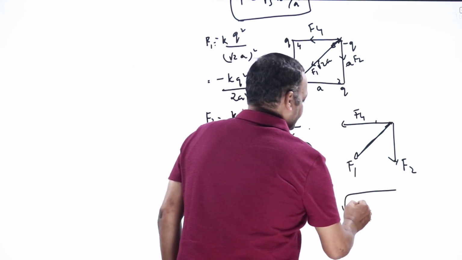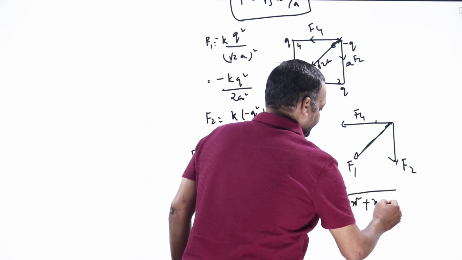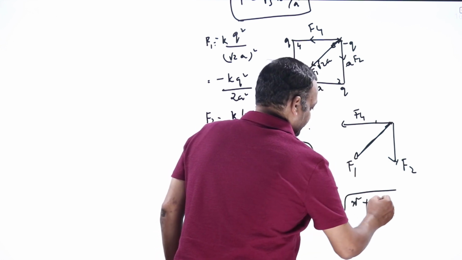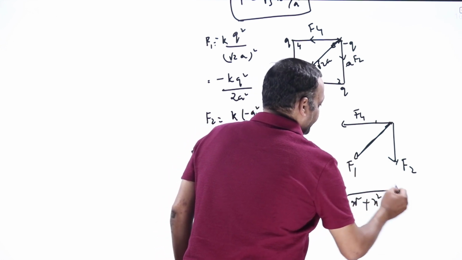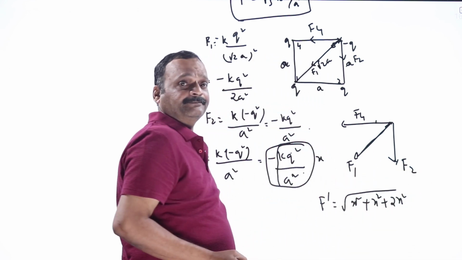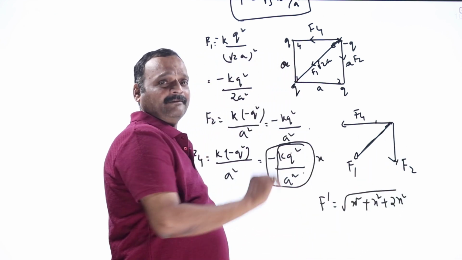So it is x square plus x square, plus 2 into F2 into F4, that is x square again, into cos 90, which is 0. So for two perpendicular vectors, the root of the sum of squares is the resultant.